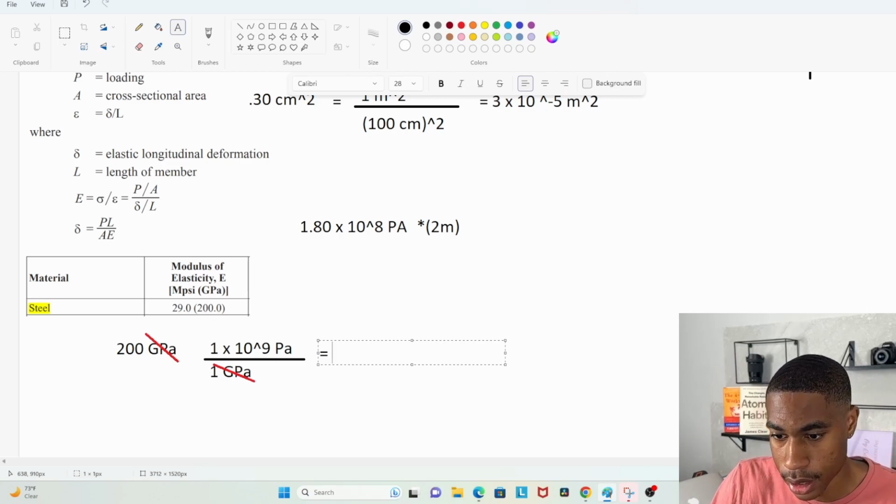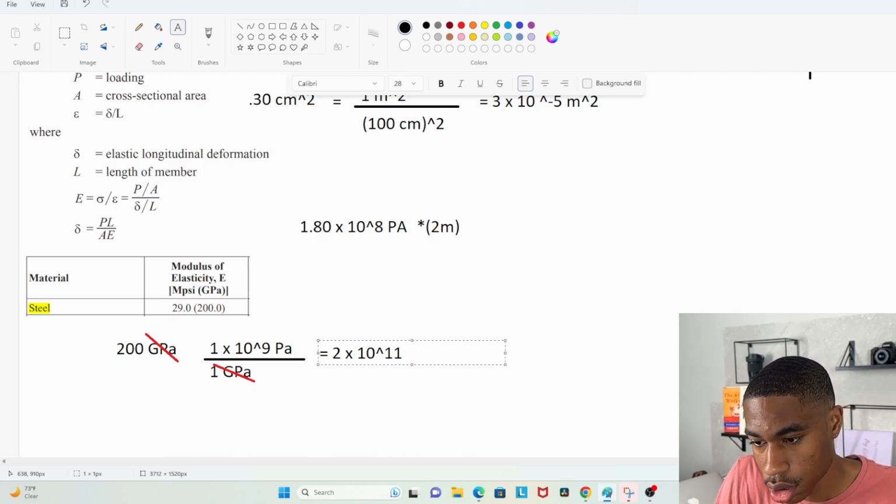I think it should be 200 times e to the 9. So it's 2 times 10 to the 11. And this is in Pa.